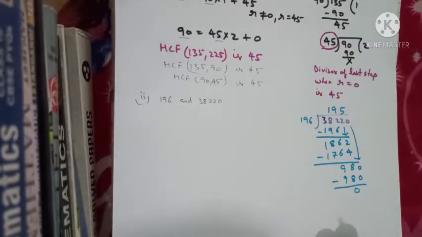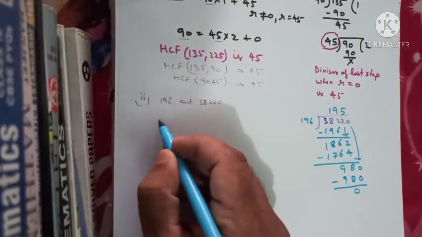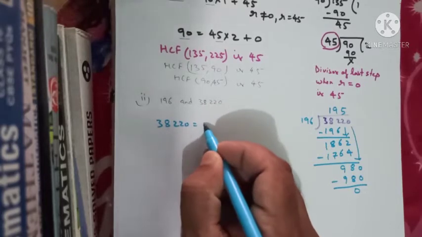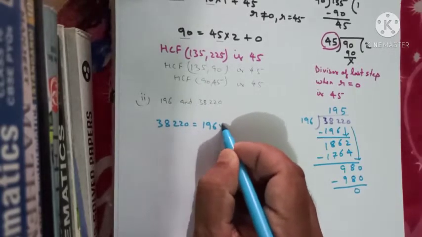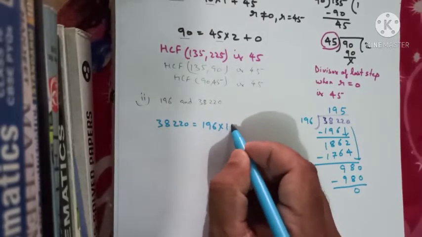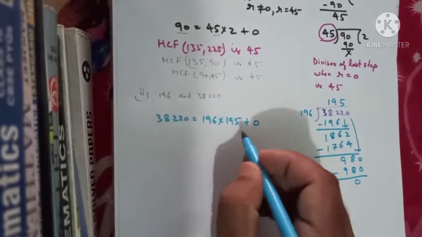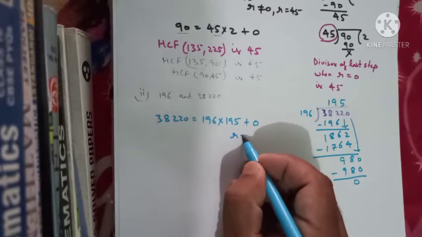Here we are getting the remainder 0 in the first step only. So we can write dividend 38220 is equal to divisor 196 into quotient 195 plus remainder 0.